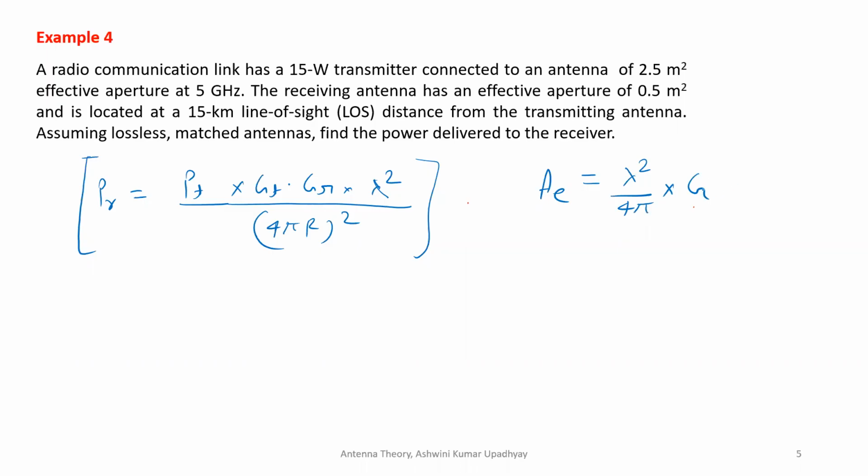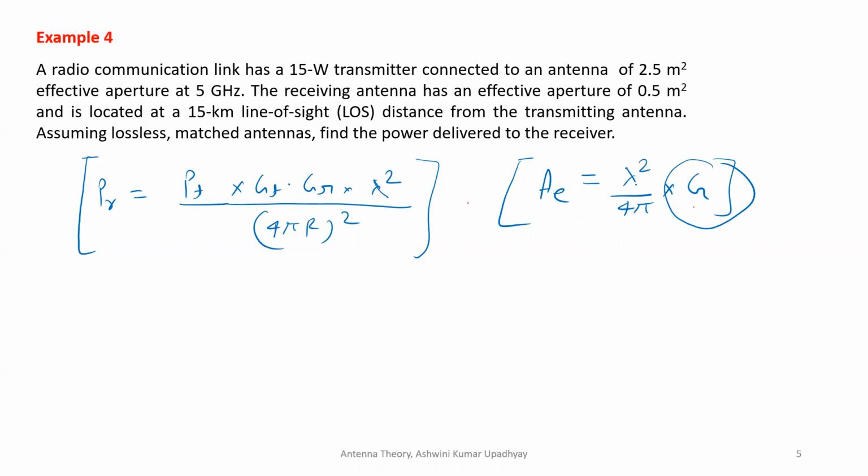Since this is a lossless antenna, we can directly write it as G. In the case of transmitter, this will become the transmitting gain, and in the case of receiver, it will become the receiver gain. So we have all the things now. From here, we will replace this GR and GT with the effective aperture of the corresponding transmitter and receiver antenna.